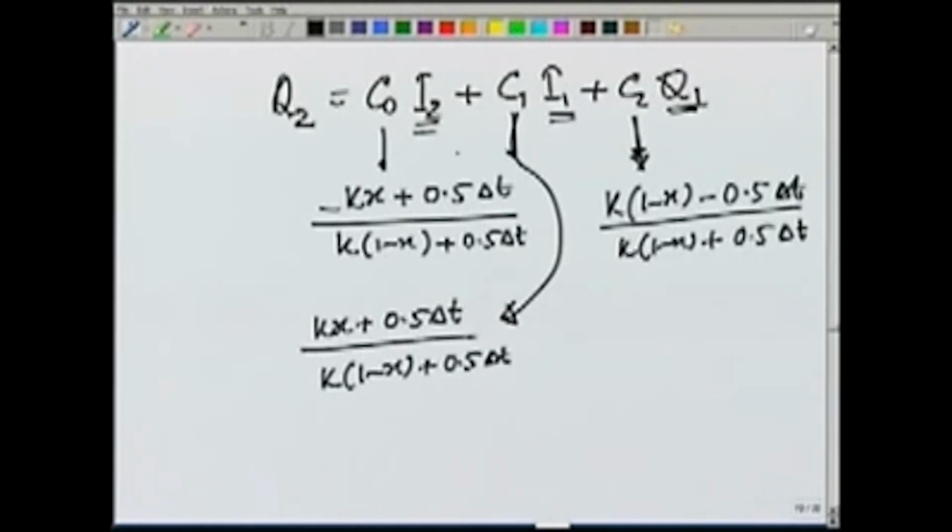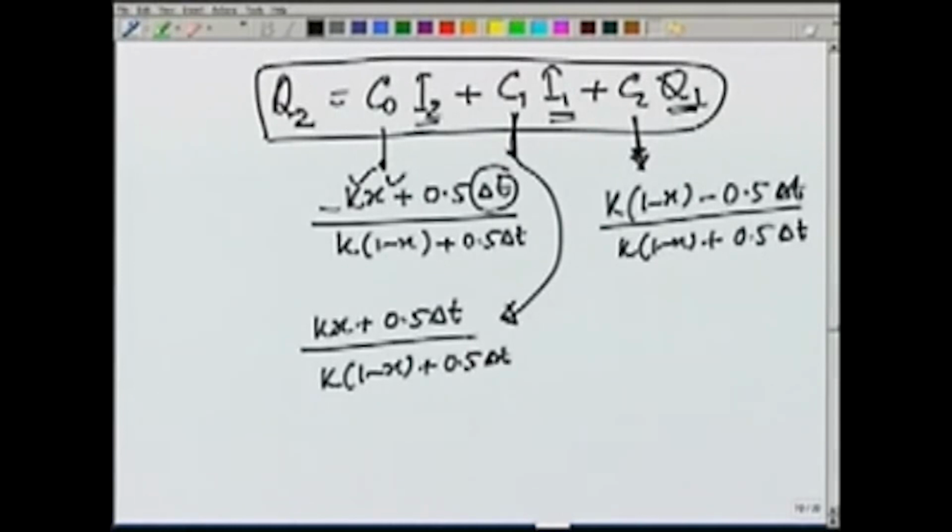So, using these values of C0, C1, C2, which can be obtained based on K, x and delta t, we can write an equation which will be applied repeatedly for different time steps to obtain the unknown Q2 at the end of the time step in terms of the known values of I2, I1 and Q1. Typically, it is done in tabular form to make the computations easier.